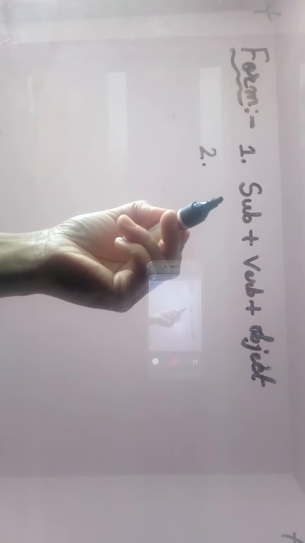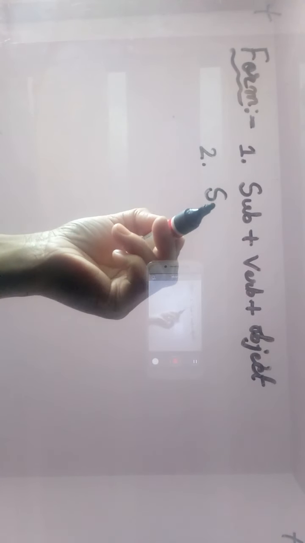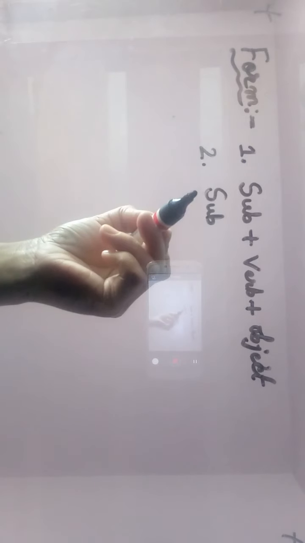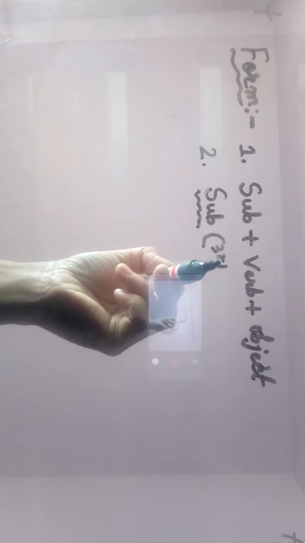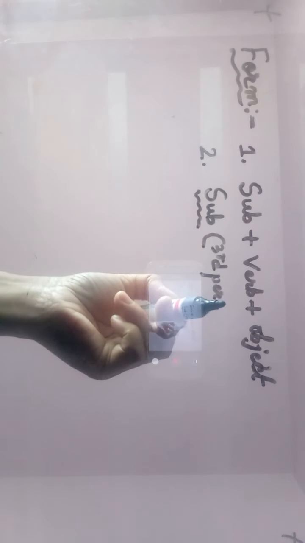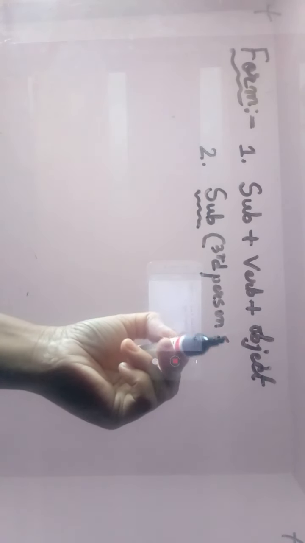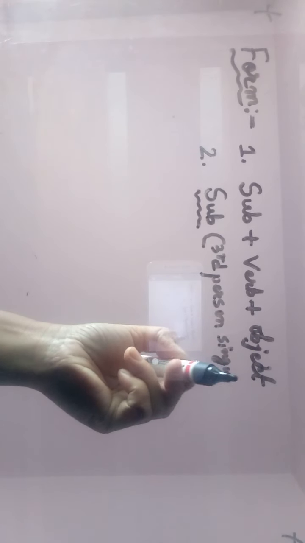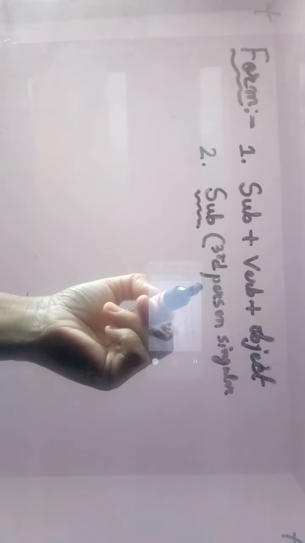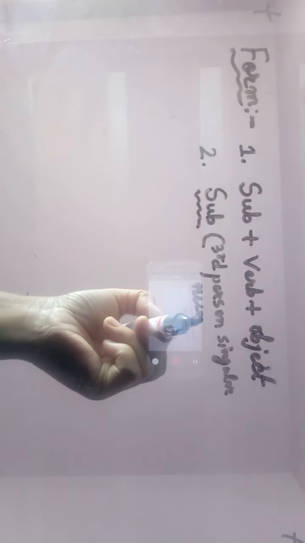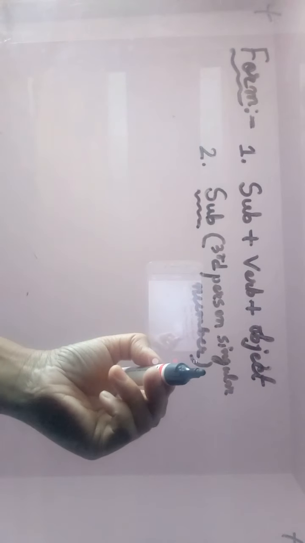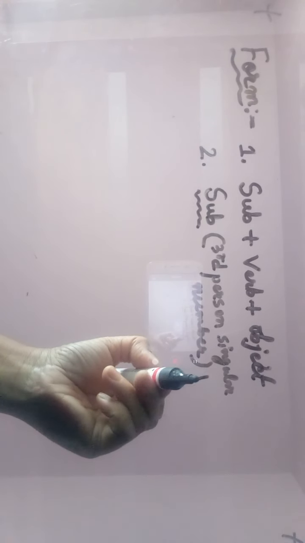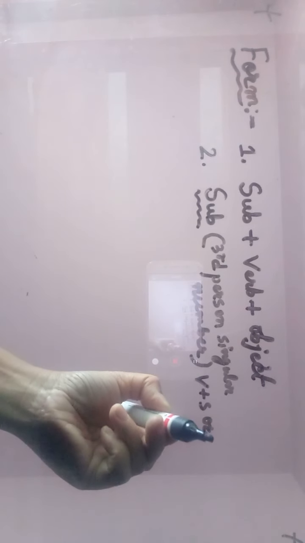Then we will write another formula. Subject, where this subject is third person singular number. Third person singular number means here the subject is third person singular number. Then verb plus s or es.